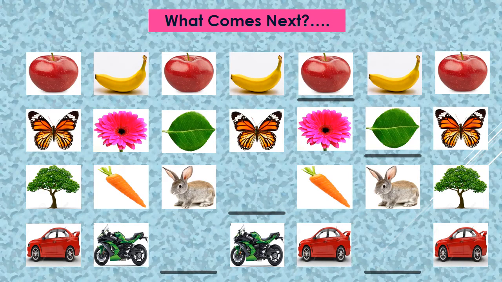Alright, next one. How many different pictures here? There are three different pictures, tree, carrot, rabbit. And try to identify the pattern here.